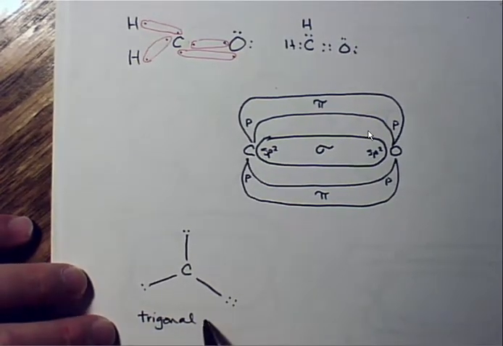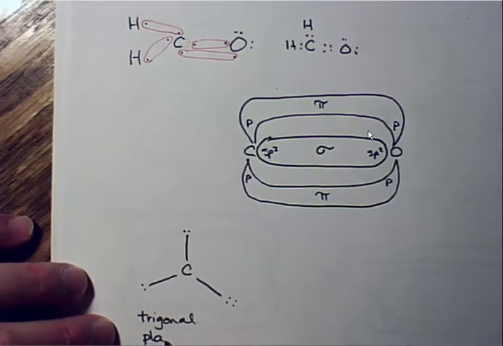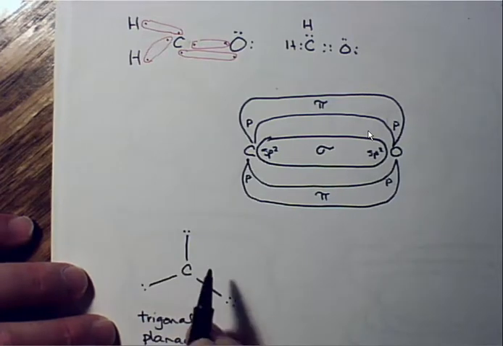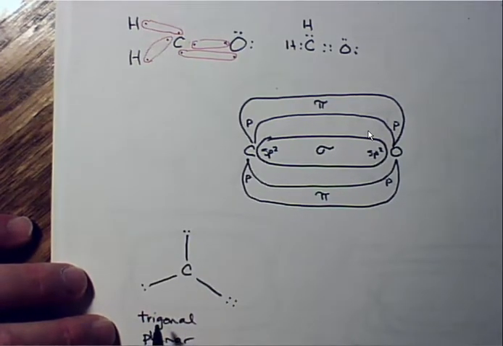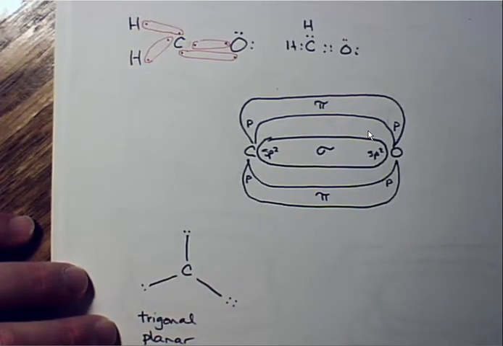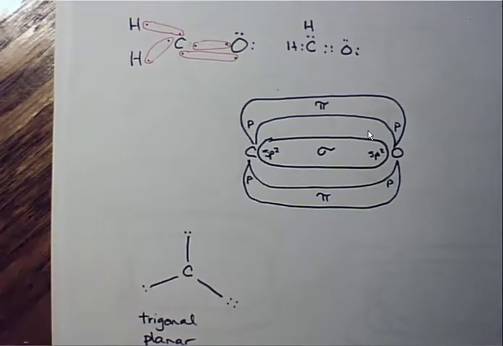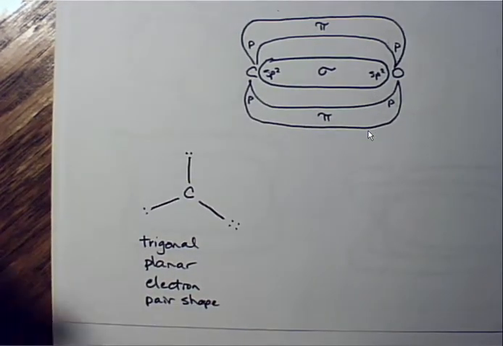Okay, so it's trigonal planar because it's flat. Trigonal planar, and the type of drawing it is. This is the geometry. The type of drawing it is, what we're showing here is called the electron pair shape. All right? Trigonal planar electron pair shape.